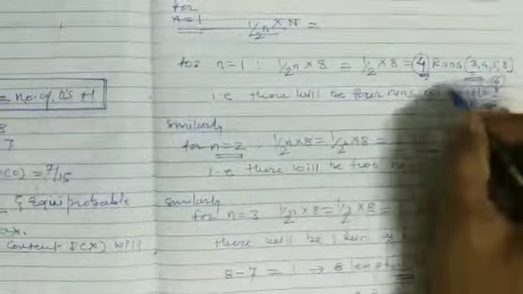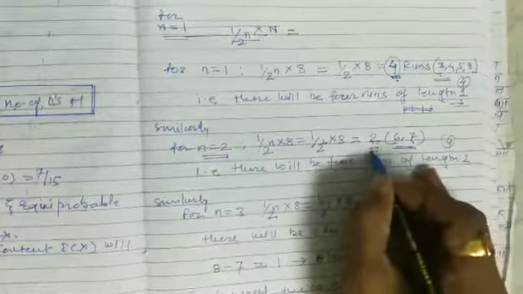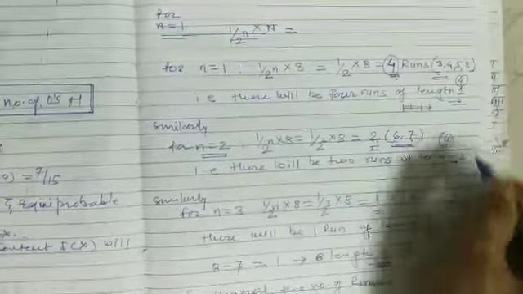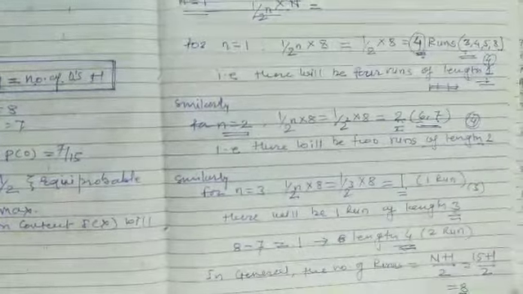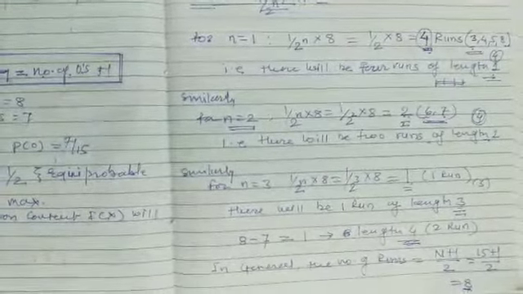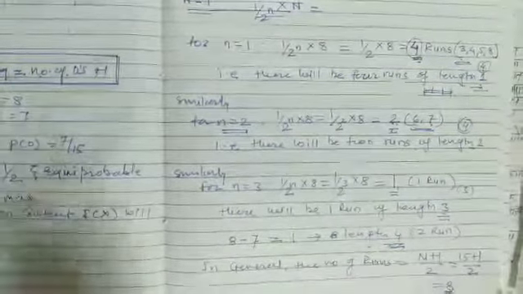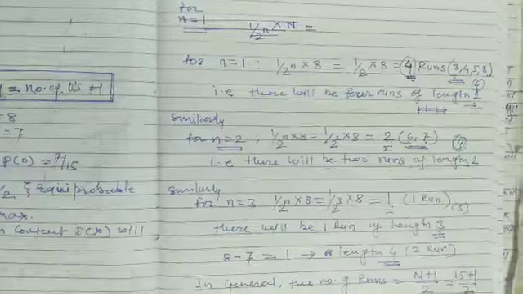So if we compare these number of bits, for length 1 there are 4 runs, which will cover 4 bits. Similarly here we have 2 runs of run length 2. Again here we will get 4 bits. Here we will get only 3 bits, because the length of the sequence is 15, and therefore if you consider 4 runs, definitely one of the run lengths will have fewer than 4 digits.